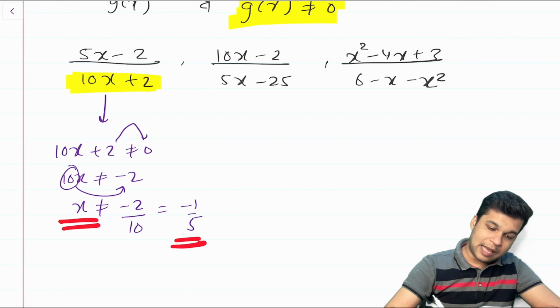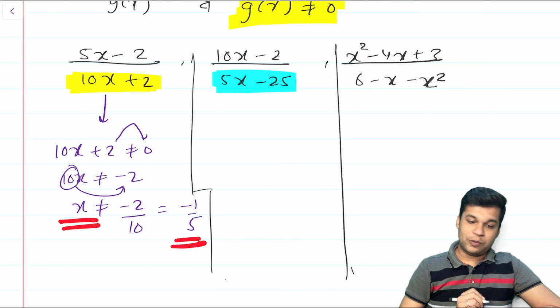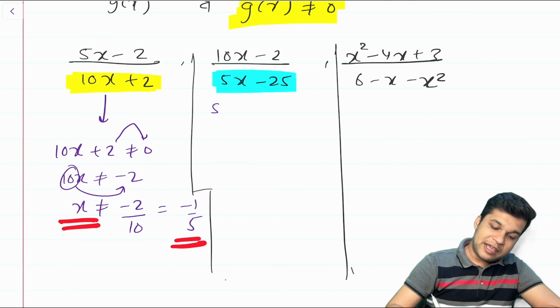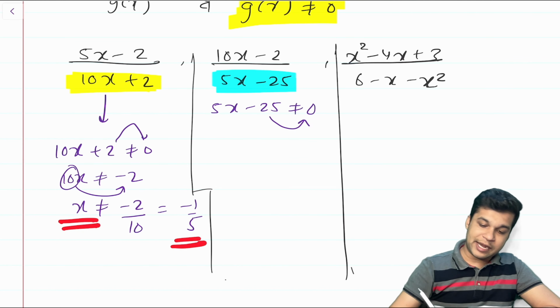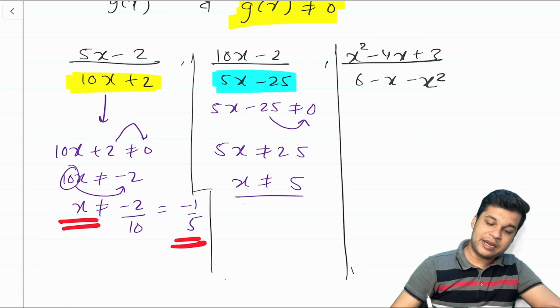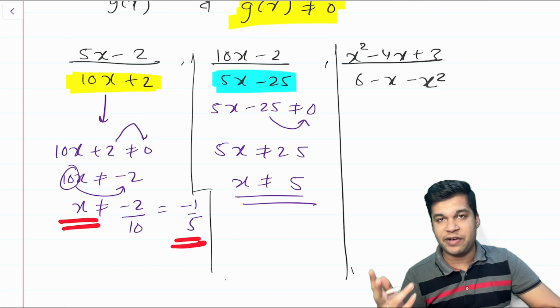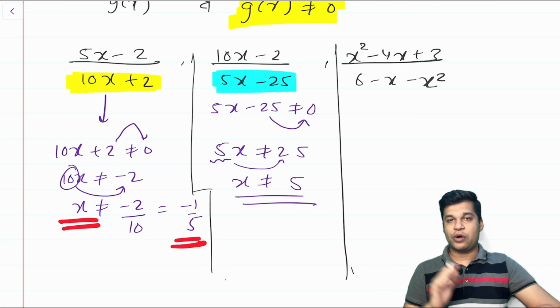Now from the second example, I have said that the denominator can never be equal to 0, which means 5x minus 25 will never be equal to 0. If I shift minus 25 to the other side, it becomes 5x not equal to 25, which means x will never be equal to 5, right? How did I get 5? I divided both sides by 5.